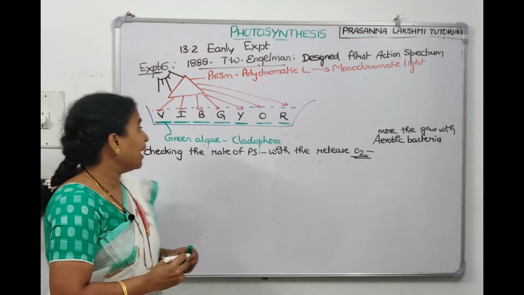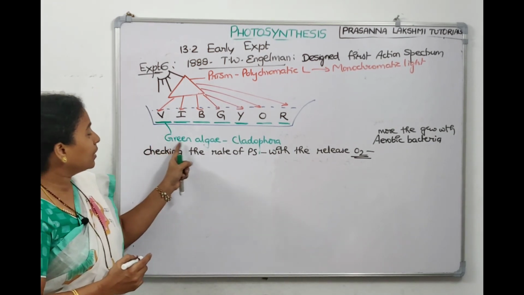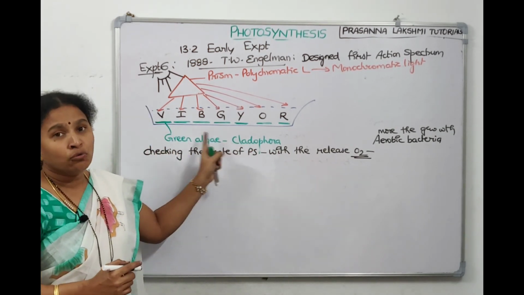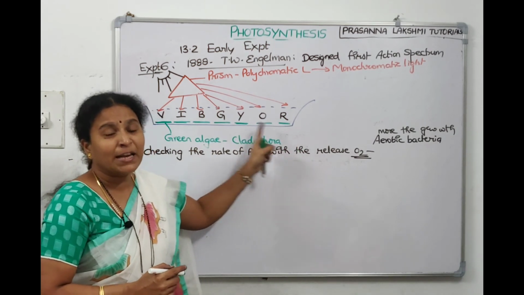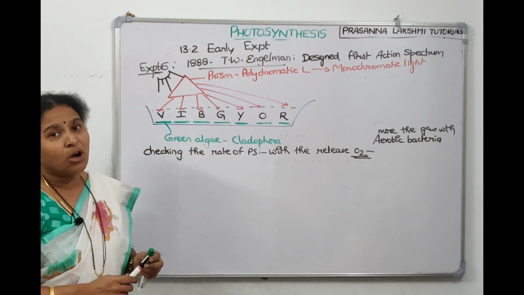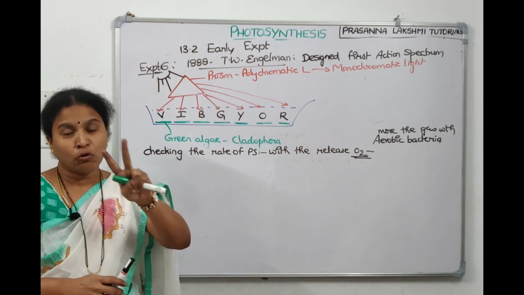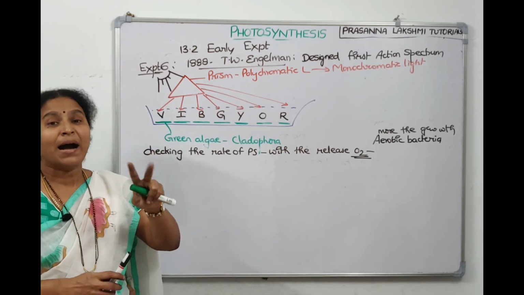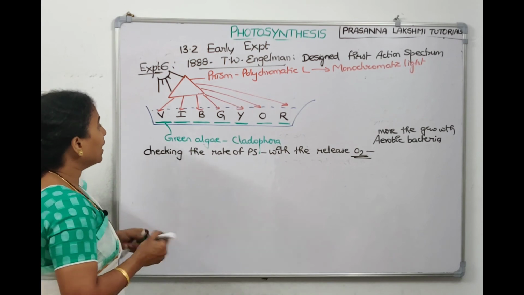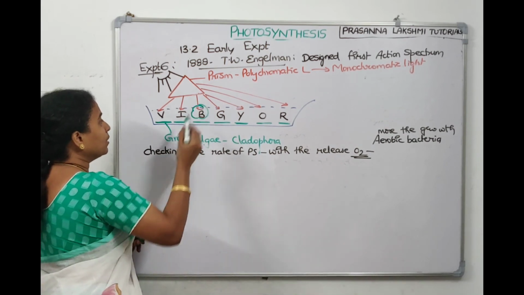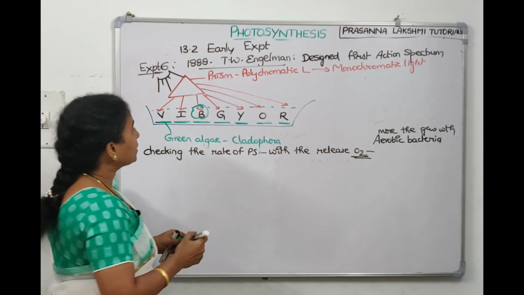He observed that when he exposed the green algae Cladophora to different individual wavelengths of light from violet to red, the aerobic bacteria accumulated more at two wavelengths. One is at blue, the other one is at red.